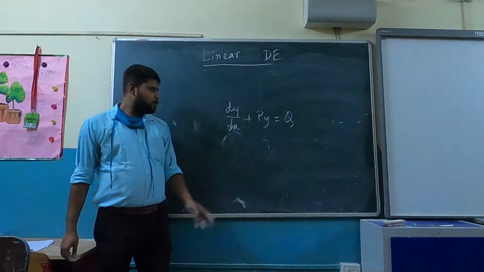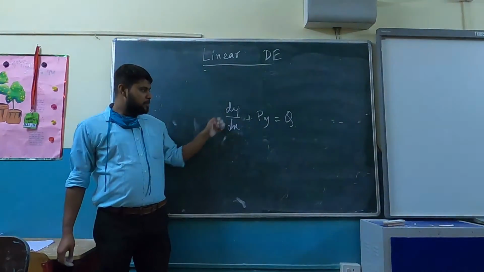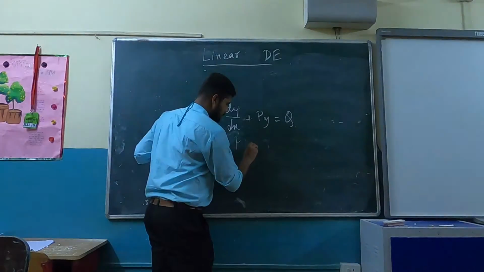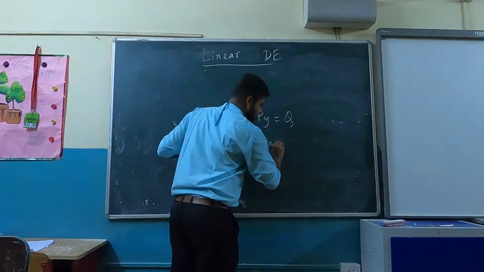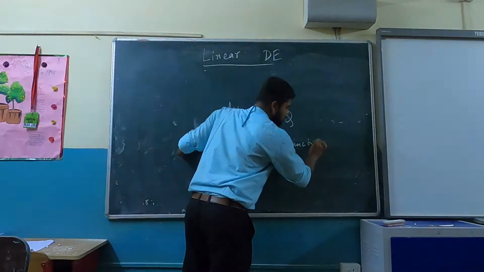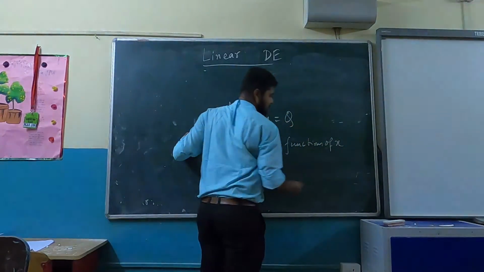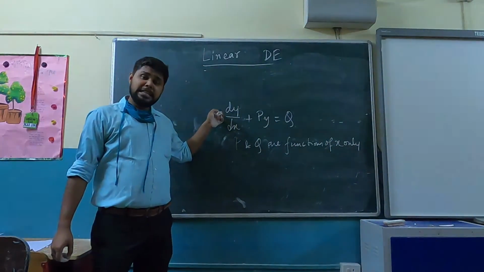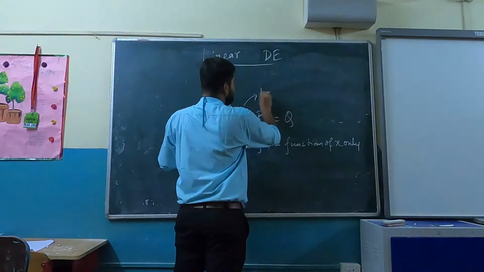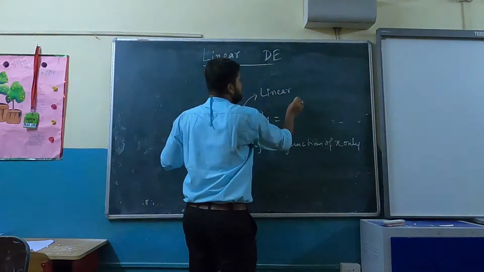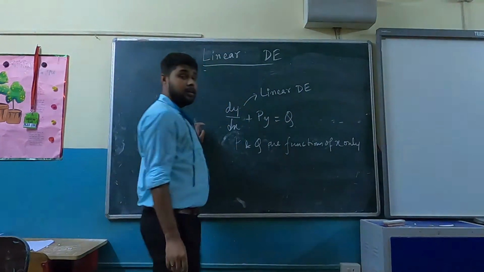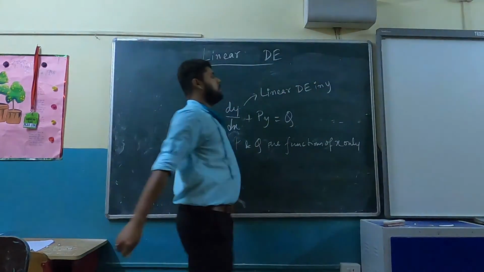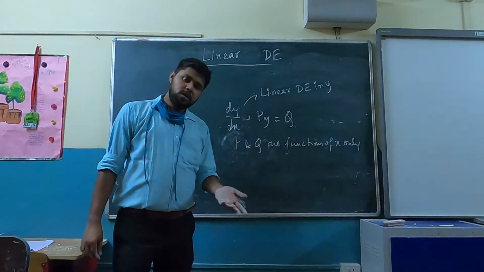Any differential equation which is of this form, that is dy by dx plus Py equals to Q, where P and Q are functions of x only, then this is called a linear differential equation in y. Same happens for x.